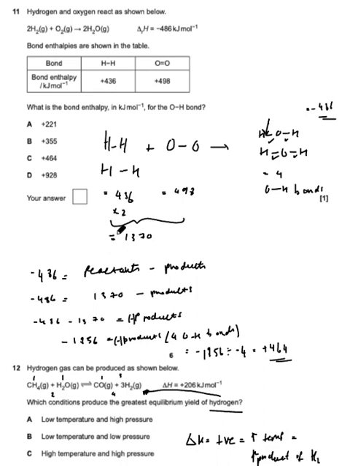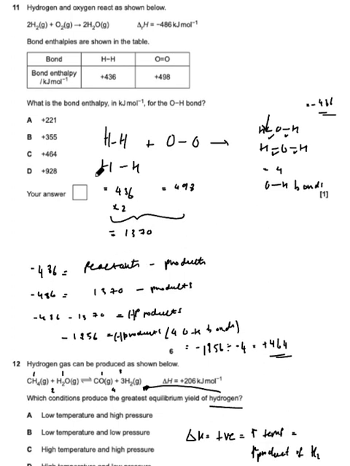That's not a minus, that equals 1370. And we have the OH bonds. That's all we have. But we know we have the total enthalpy, which is minus 486. So we write down this equation, and you get that by doing reactants minus products.